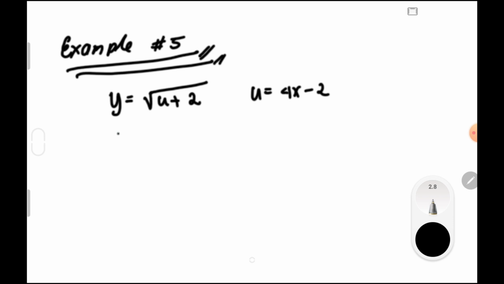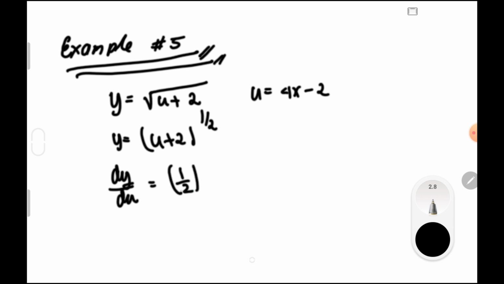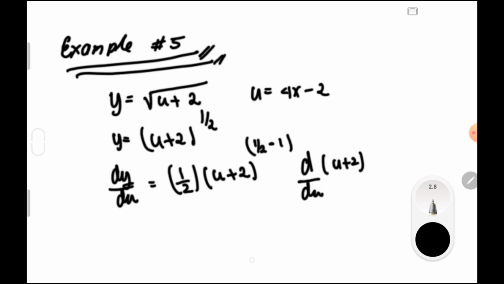So if we have y is equal to u plus 2 raised to 1/2, okay, so wherein we may say that dy over du is equal to 1/2 multiplied by u plus 2 raised to 1 half minus 1 multiplied by the derivative of our u plus 2 with respect to u.